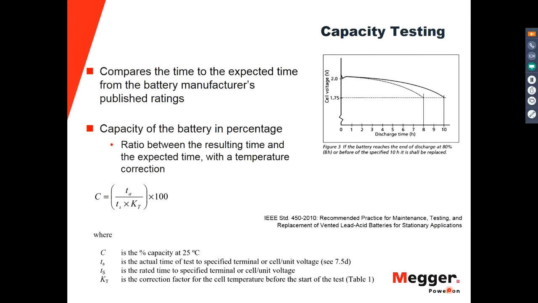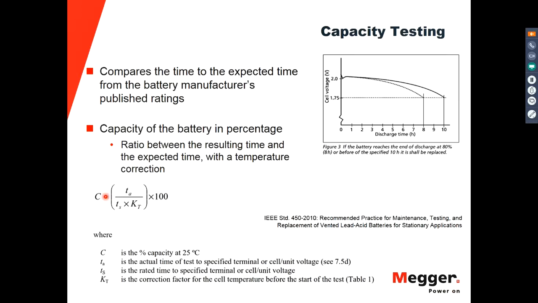So the capacity calculation actually compares the time that it took for the battery to reach that voltage, and it compares that to the expected time from the battery manufacturer's published ratings. This ratio is the capacity.